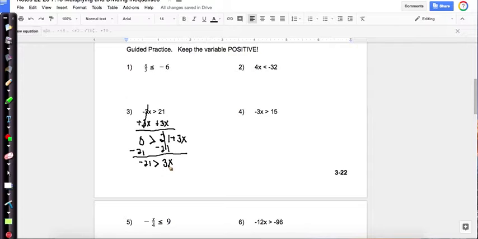And now my last step, to get the variable by itself, divide by 3. 3 divided by 3 is a 1 in disguise, and negative 21 divided by 3 is negative 7 is greater than x, or I can read it from the letter and x is less than negative 7.